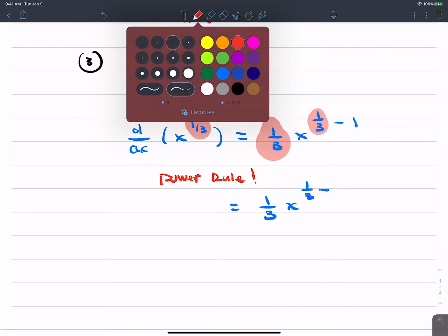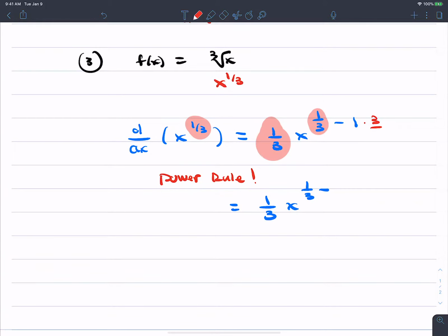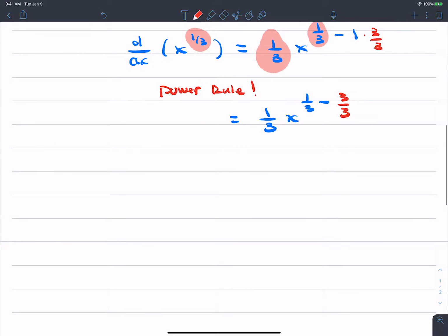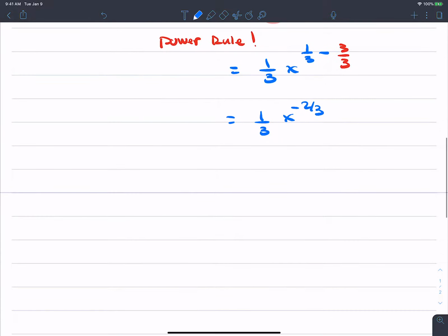You're going to have to multiply that by 3/3 to represent that. One-third x to the minus 2/3 power. Now, you have to write this with a positive power, and so that's 1/3 times x to the positive 2/3 power. So you're going to have to really focus on this here. x to the 2/3.